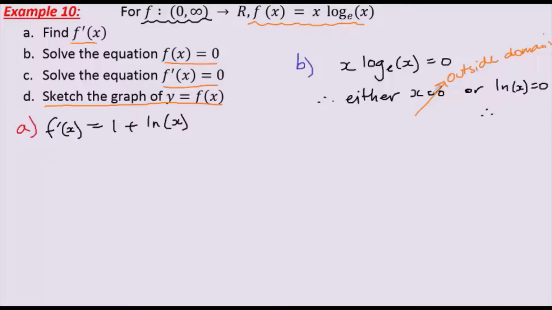This is a bit like doing our null factor law. Either this or this equals 0. If log of x equals 0, x equals 1. So therefore, f of 1 equals 0. And I'll write that down here for future reference as well.